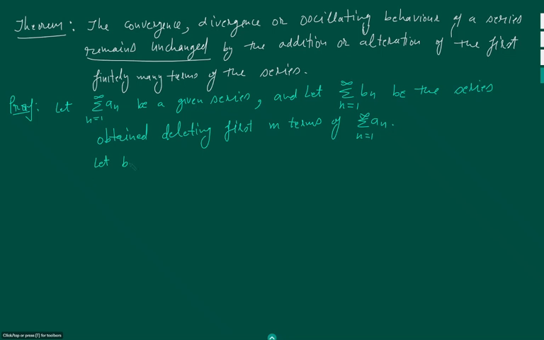What is the first term of the series bn? B1 is a(m+1), after the first m terms.